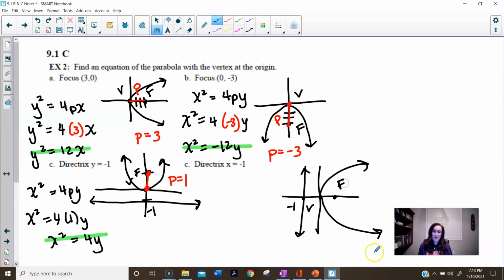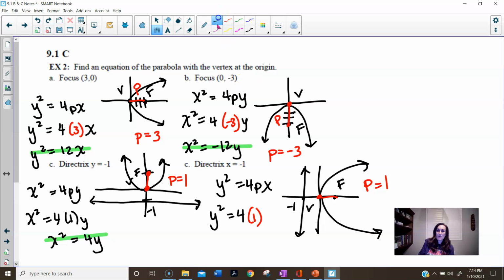And here is your focus. So we need to find the distance from the vertex to the focus. Well, if from the vertex to the directrix is 1 unit, then from the vertex to the focus, it's also 1 unit. The vertex is smack in the middle of the focus and the directrix. So p is 1. Because this is a parabola that opens up to the right, it's a y squared equation, which equals 4px. Take p, plug it in. So y squared equals 4, plug in the 1, and then you have x. So the equation is y squared equals 4x.